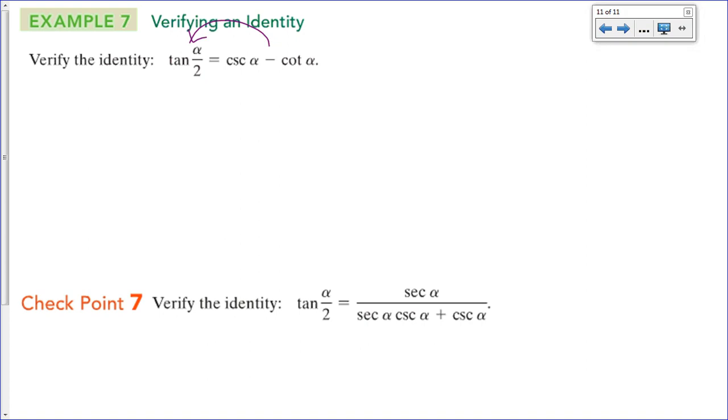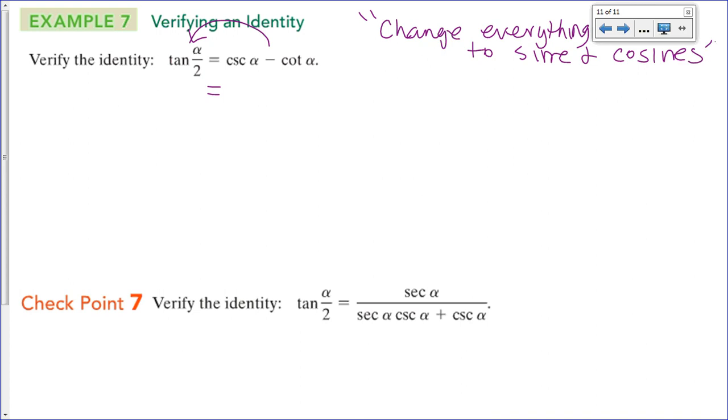And I'm going to use the strategy that calls to change everything to sines and cosines. So cosecant, reciprocal of sine, so we can write it as 1 over sine alpha.